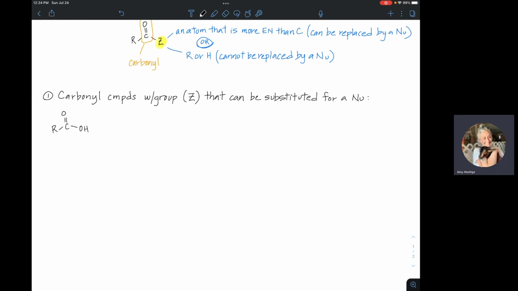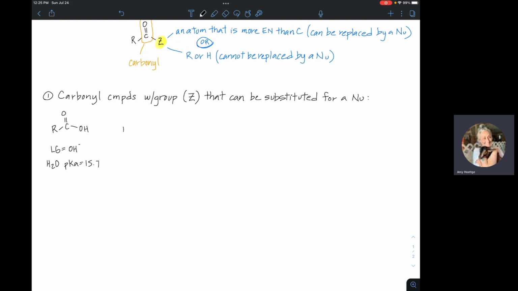So carboxylic acid would have a leaving group equal to hydroxide, and its conjugate acid would have a pKa of 15.7. So that makes water a weak acid. H2O is also a weak base.